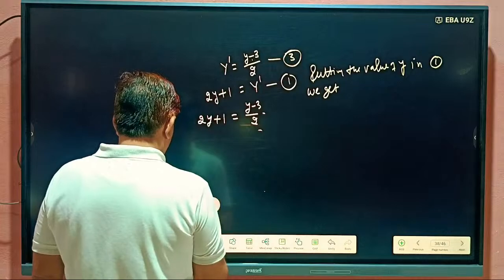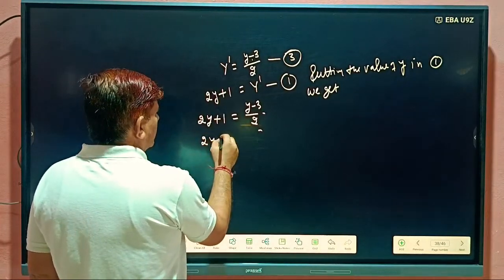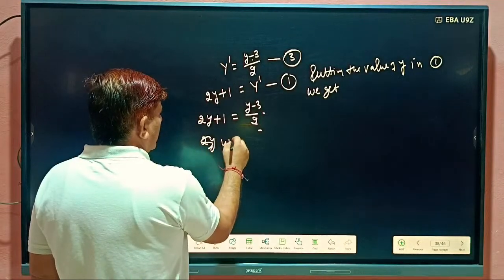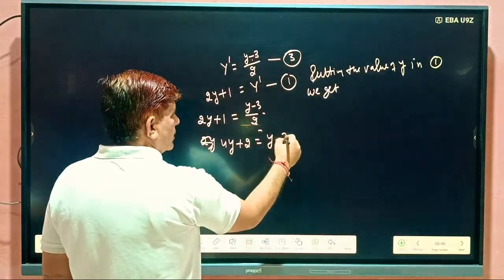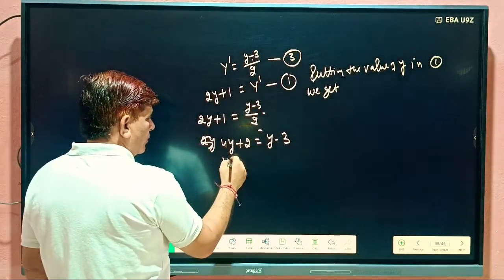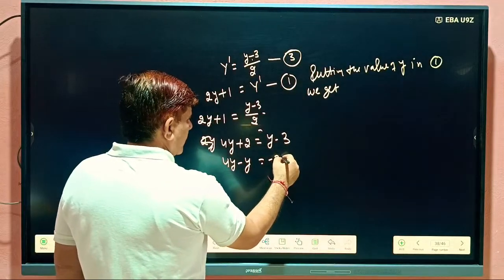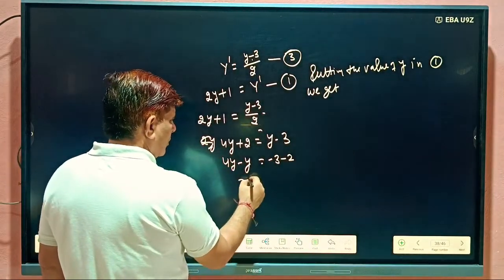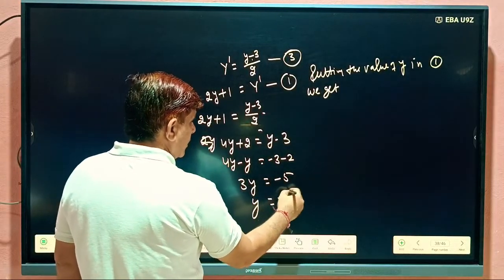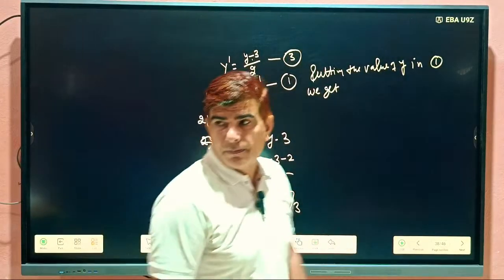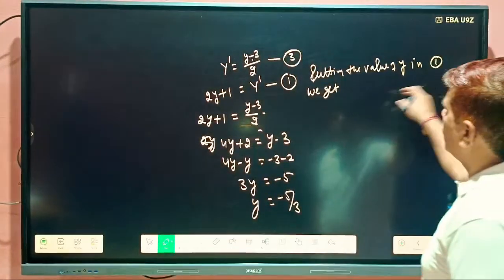So I can find that out. So 4y plus 2 equal to y minus 3. So bring y to this side: 4y minus y equal to minus 3 minus 2. So 3y is equal to minus 5, y equal to minus 5 by 3. Putting the value of y in 1.